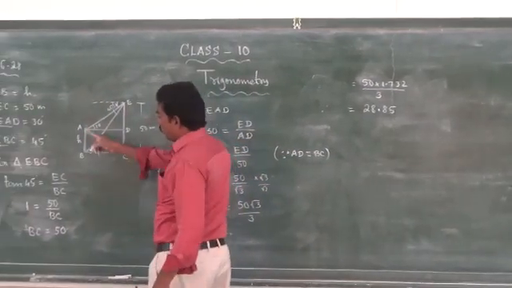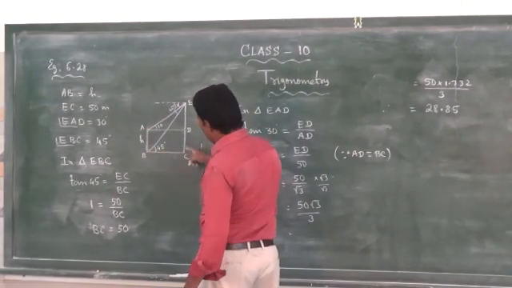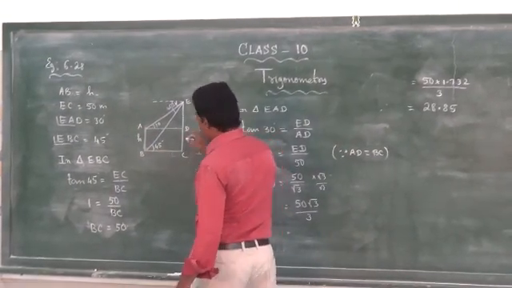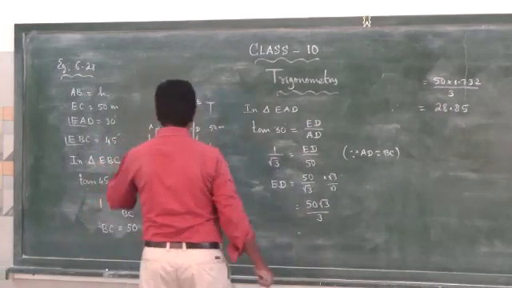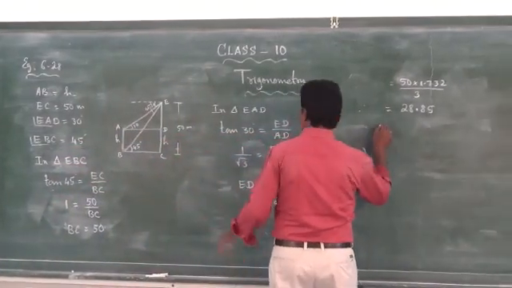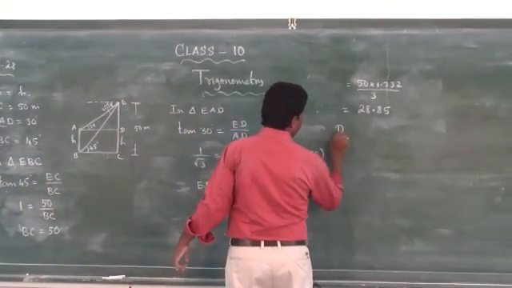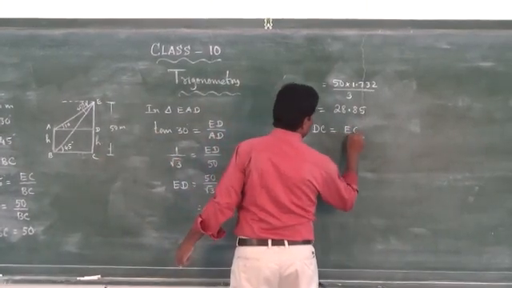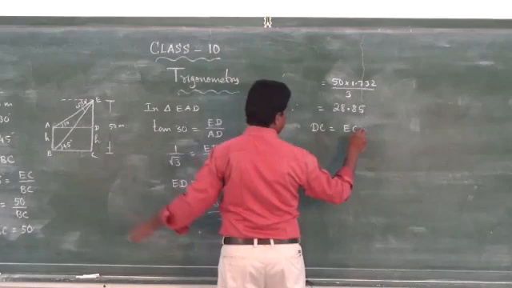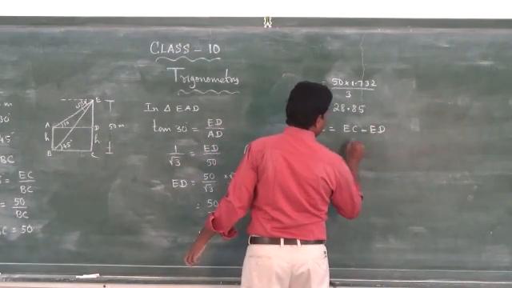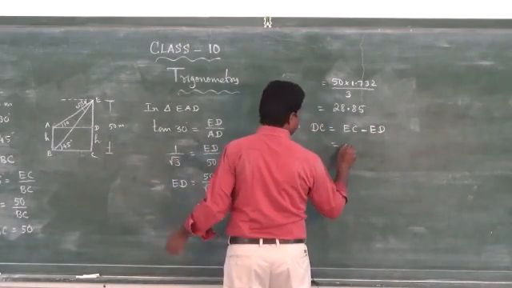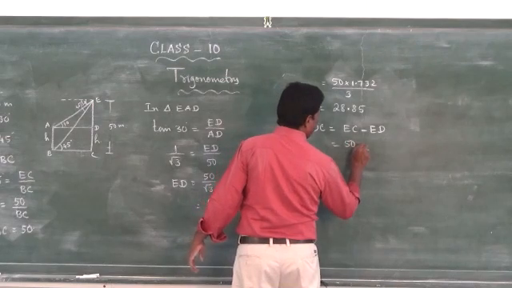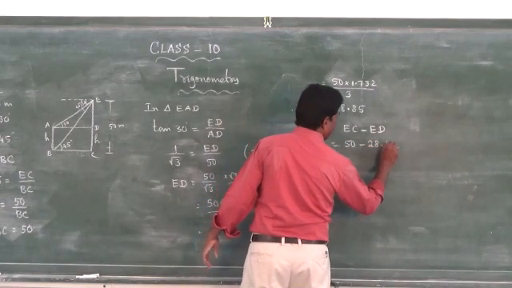What is our question? You have to find AB. AB and DC are equal. So you have to find AB. So from here, what is DC? DC is equal to EC minus ED. EC value is given, that is 50 meter, minus 28.85.